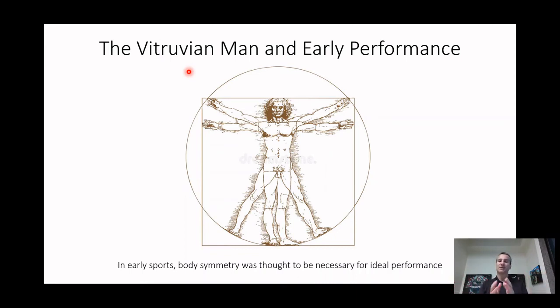You were symmetrical, that the ideal Vitruvian man had the same size bicep or arm, upper arm girth, neck, and calf, so that you were perfectly symmetrical. All of these different things were identical. And the idea early on is that in order to be a great sports person, you should have this shape.